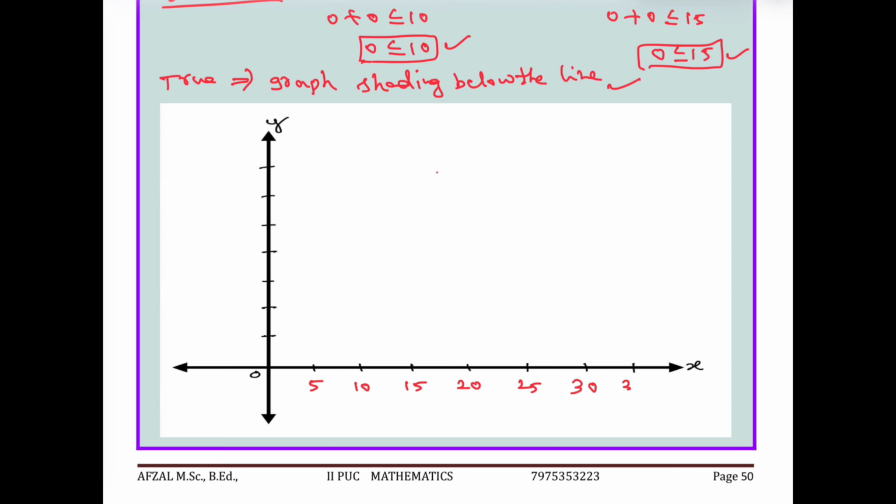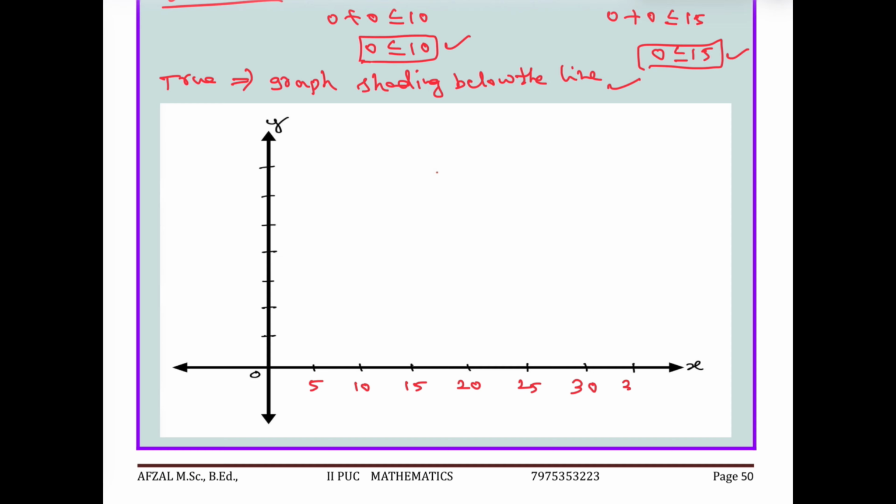We take the LCM of the denominators, then a into x plus 2 plus b into x plus 1. Both the denominators cancel, then x equals a into x plus 2 plus b into x plus 1.